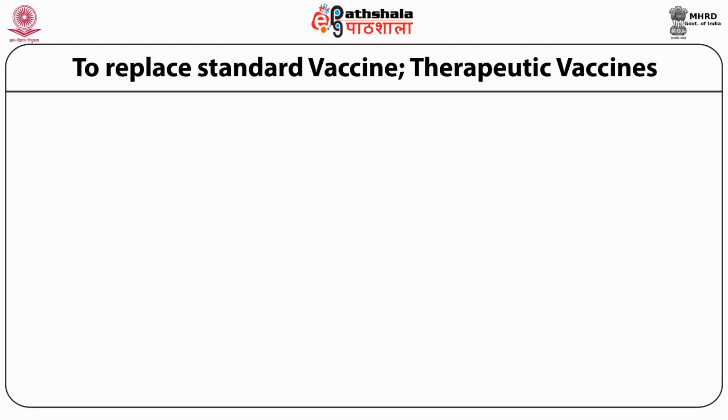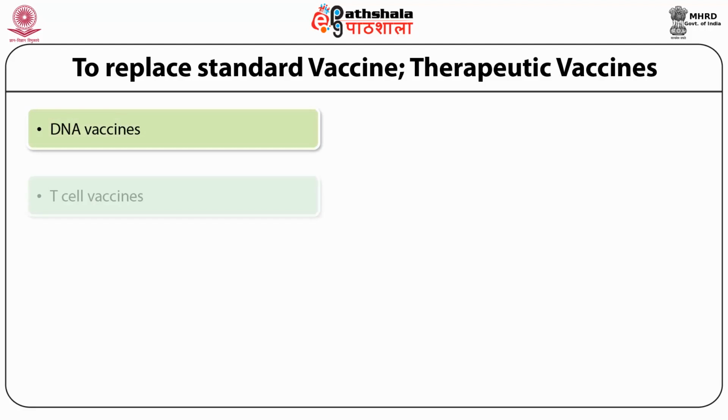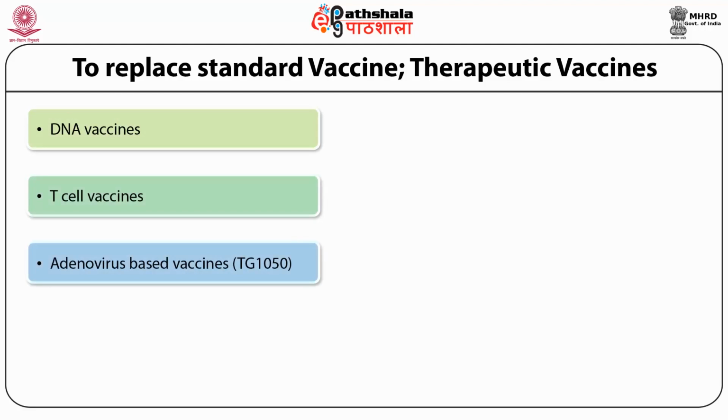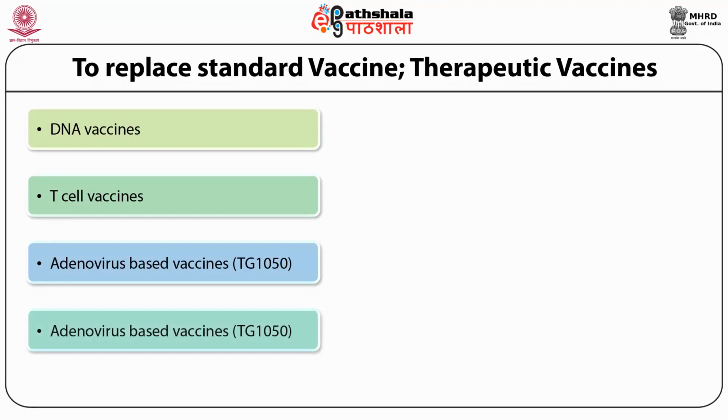There are therapeutic vaccines which we can use as antiviral therapy for viral infections. There are DNA vaccines, T-cell vaccines, adenovirus-based vaccine and yeast-based vaccine. Latest is the yeast-based vaccine and I will explain more in detail later on.